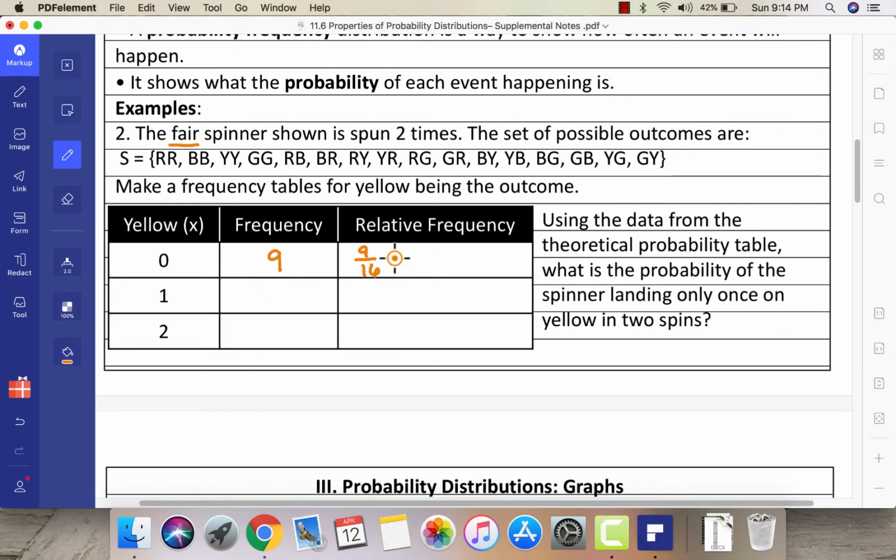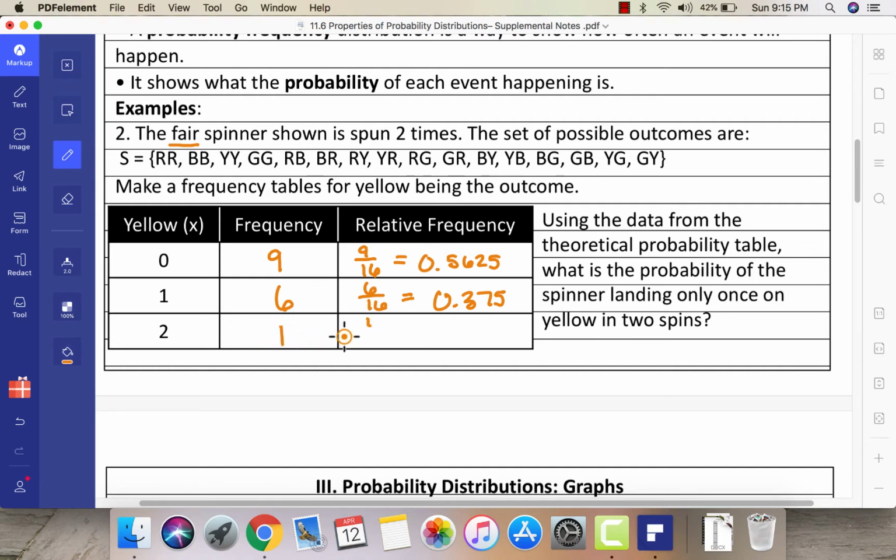Okay, and then our decimal would be 0.5625. All right. The likelihood of there being 1 yellow is 6. There's 6 times that yellow is happening. So that's going to be 6 over 16, which is equal to 0.375. 2 yellows only happened once.